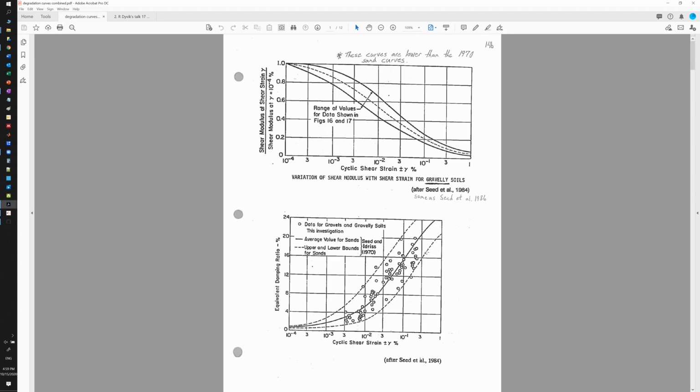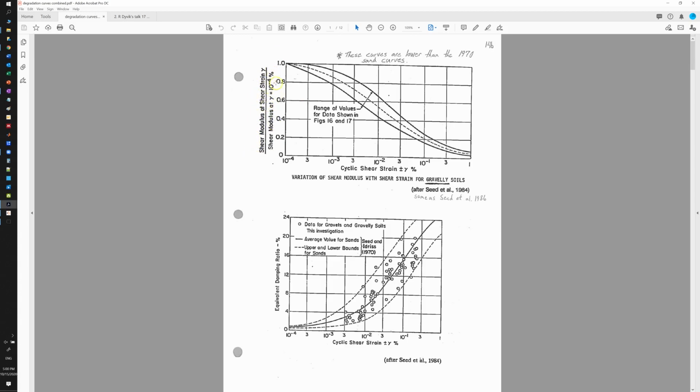But anyway, those are the curves that we have for the Seed gravel, and realize the shear modulus curves are done in a way that this is G over G max. So this is G normalized by G max.